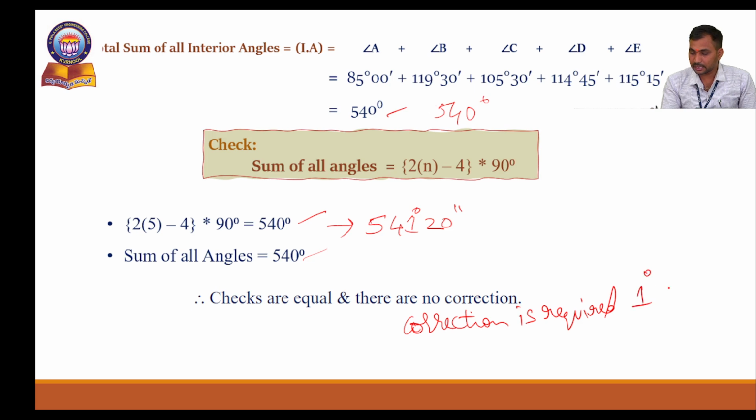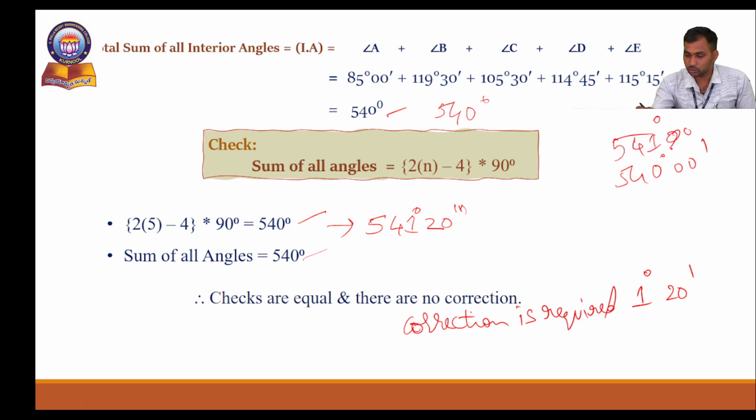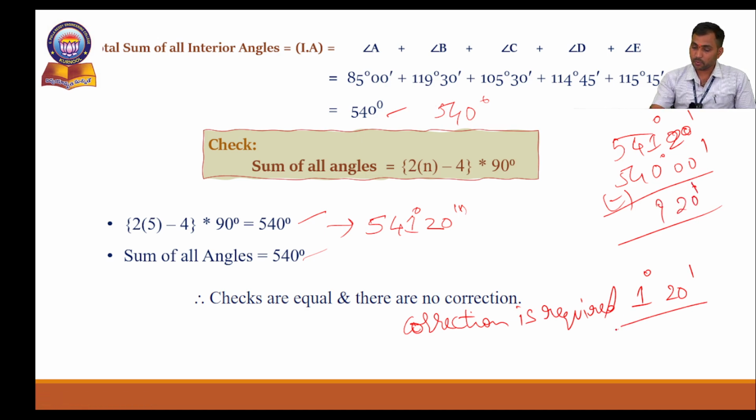If we do the subtraction with 540 degrees 0 minutes, 1 degree 20 minutes will come, so 1 degree 20 minutes correction would be required.